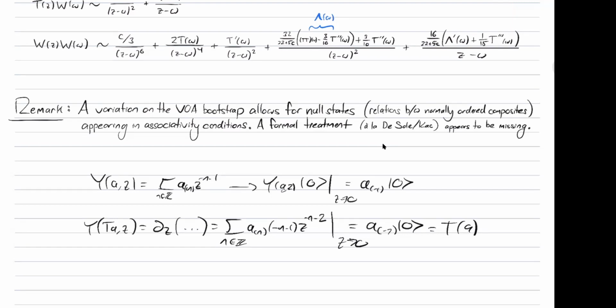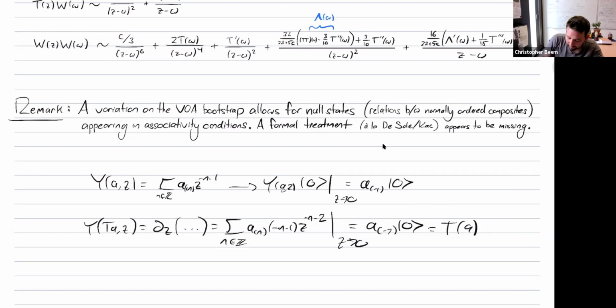Yeah, it's just that when you said a strong generator was anything that cannot be written as a normal ordered product, I wouldn't normally say that a derivative of a strong generator is also a strong generator. Okay, that's my mistake. It should be phrased more carefully.